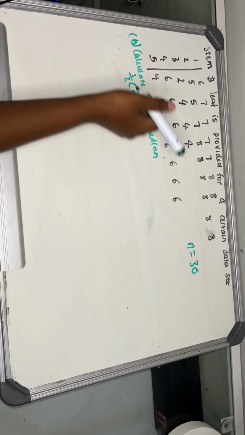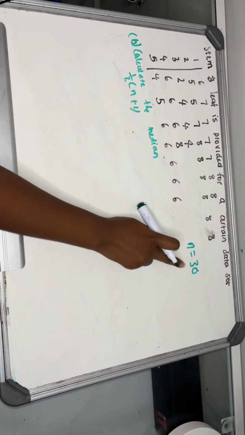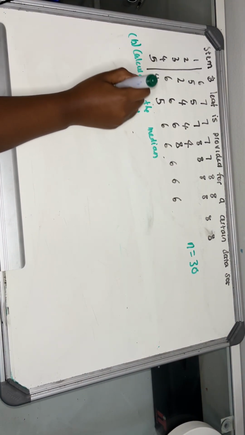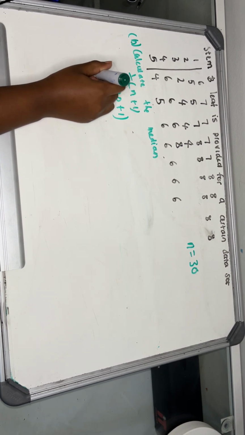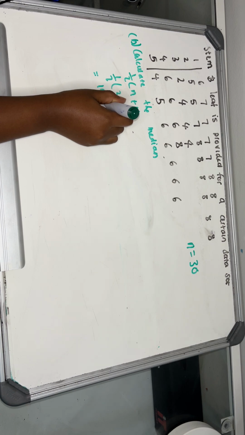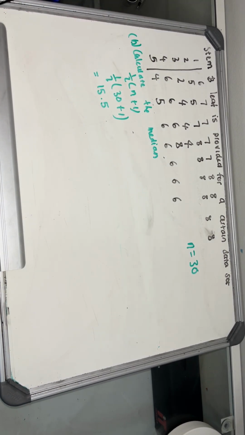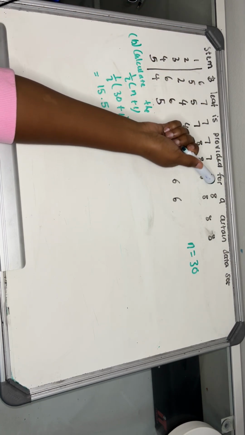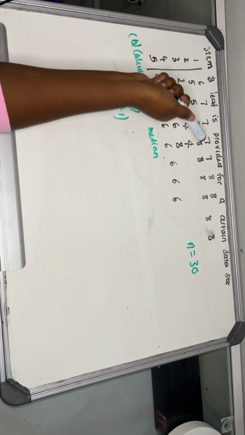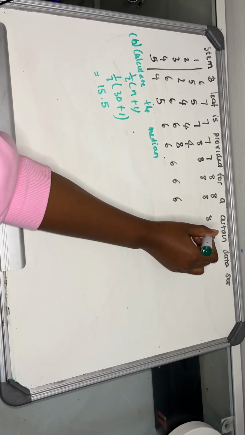The number of values in the data set is an even number, so it's a half of 30 plus 1, which is equal to 15.5. So your median will be found at around 15.5. So it's 1, 2, 3, 4, 5, 6, 7, 8, 9, 10, 11, 12, 13, 14, 15. So 15.5 is right here.